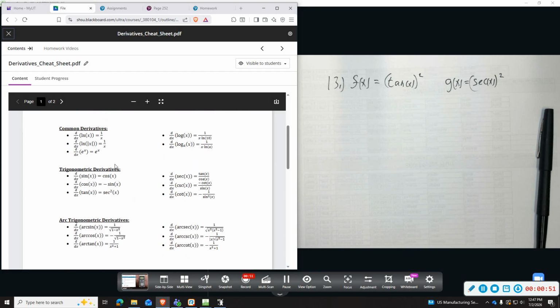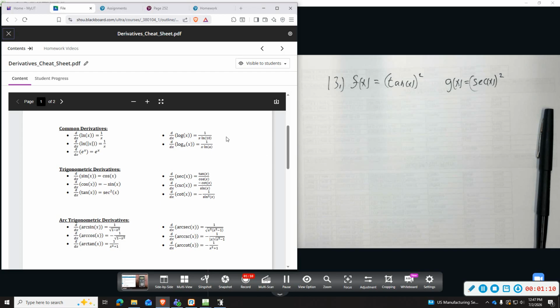Alright, and so we can see derivative of tangent is secant squared. Derivative of secant is going to be tan times secant. 1 over cosine is secant.